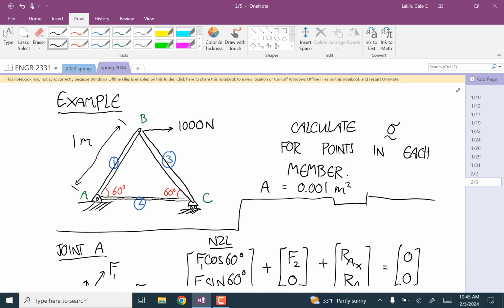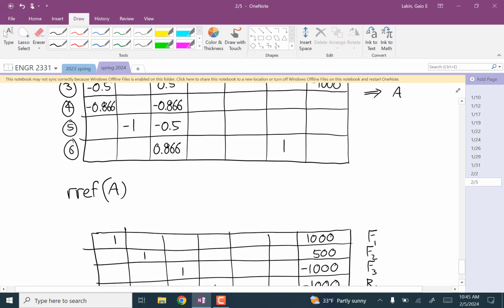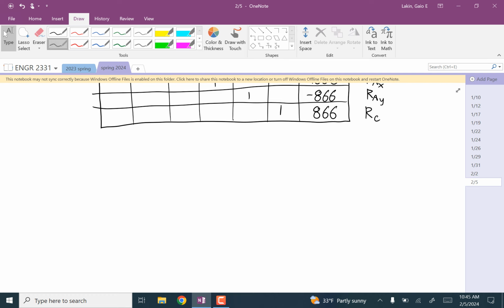Okay, so now that we have these, for member 1, we used the coordinate system to do these calculations, right? But now you can forget about that coordinate system and think about a coordinate system with the x-axis along the member.